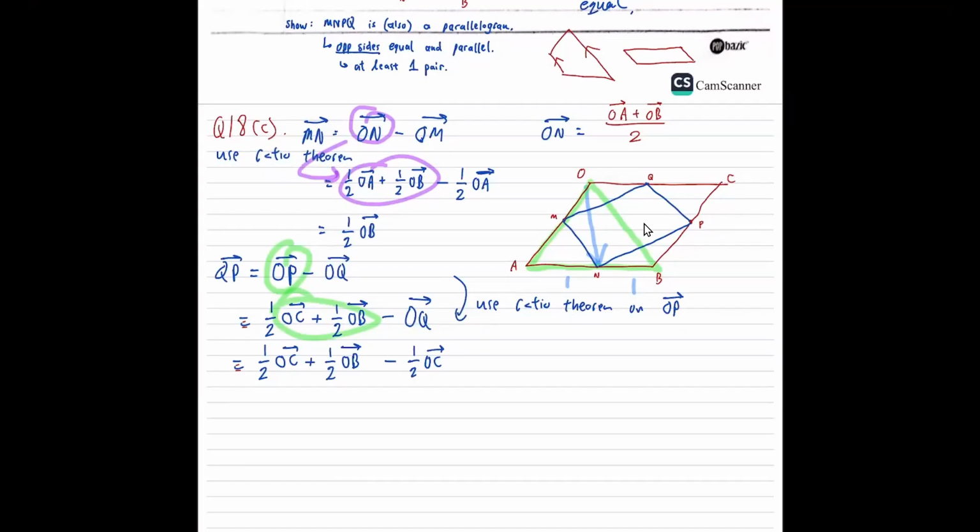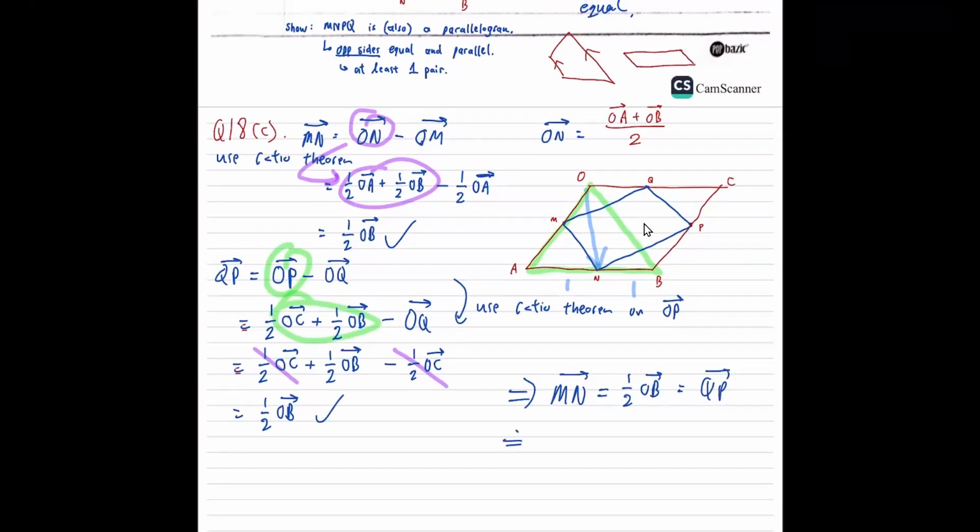Okay, that is half OC plus half OB minus half OC. What happens to the half OC? They cancel off. So you're left with half OB. There we go. Both of them are equal to half OB, which implies that, let's just conclude, MN equals half OB equals QP.